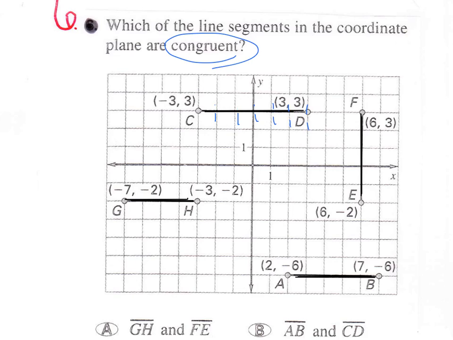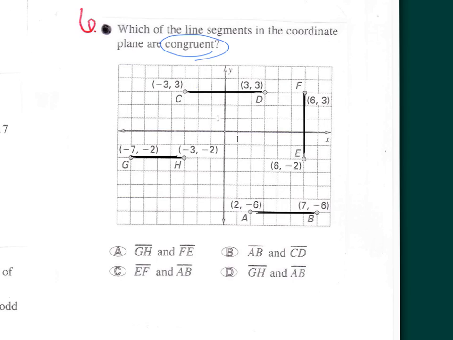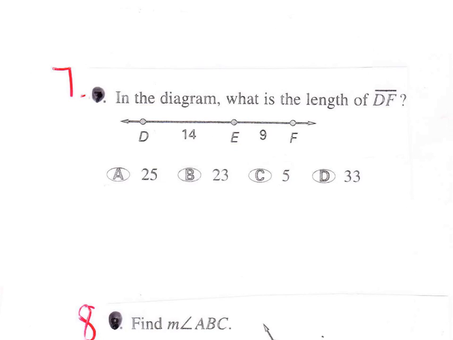So that would be a good way to go about figuring out how long they are. And your choices are A, GH and FE, B, AB and CD, C, EF and AB, or D, GH and AB.